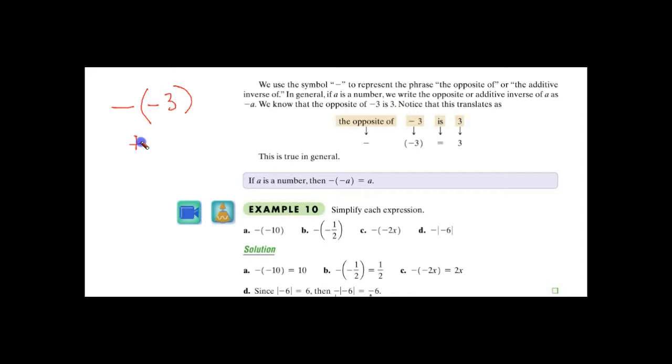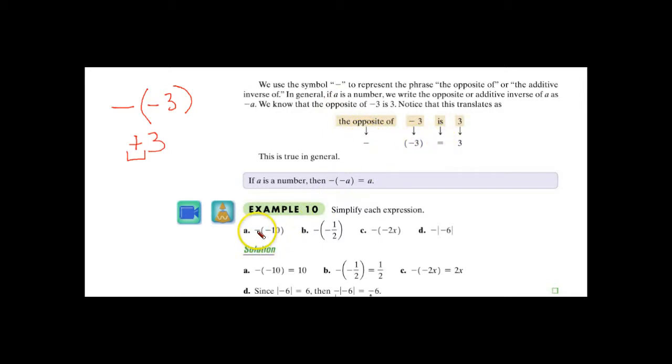Well, it's a +3. The negative of a negative is a positive. We say that two negatives make a positive. We use that in English. But in algebra, we're going to read this as the opposite of a -3.